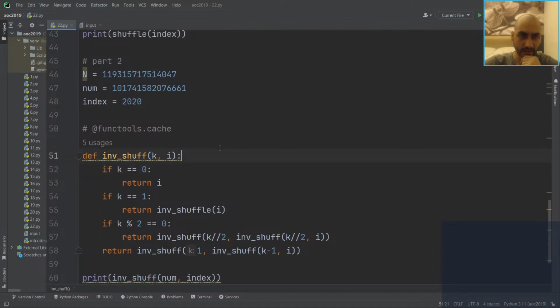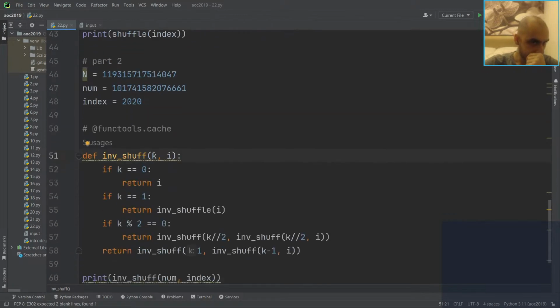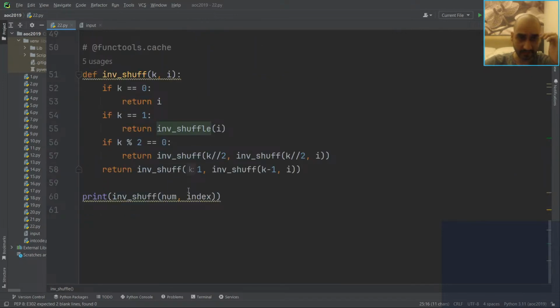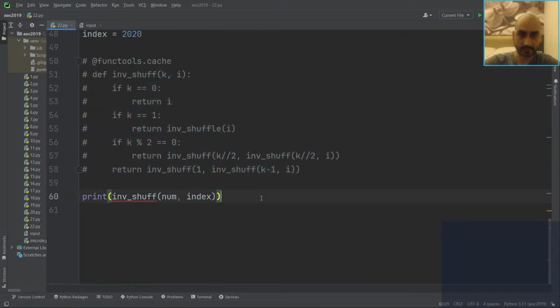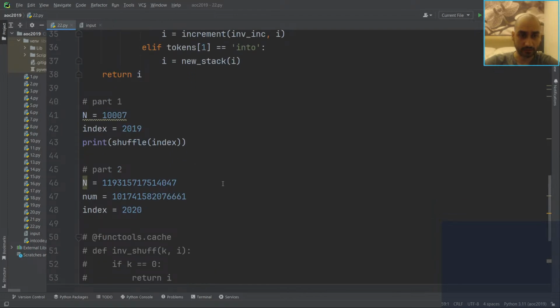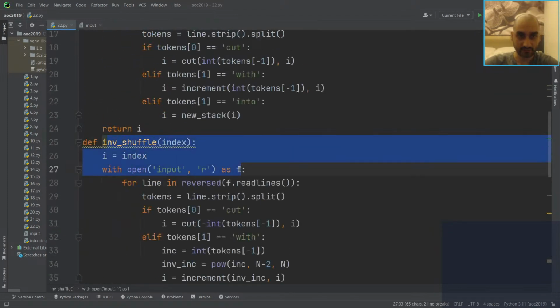What was K and I? Alright, this is inverse shuffle once. Okay, you know what? We don't need this thing. We can take that out. That was an attempt to do a multi shuffle. Doing a shuffle n times. Alright, so we know how to do one inverse shuffle.